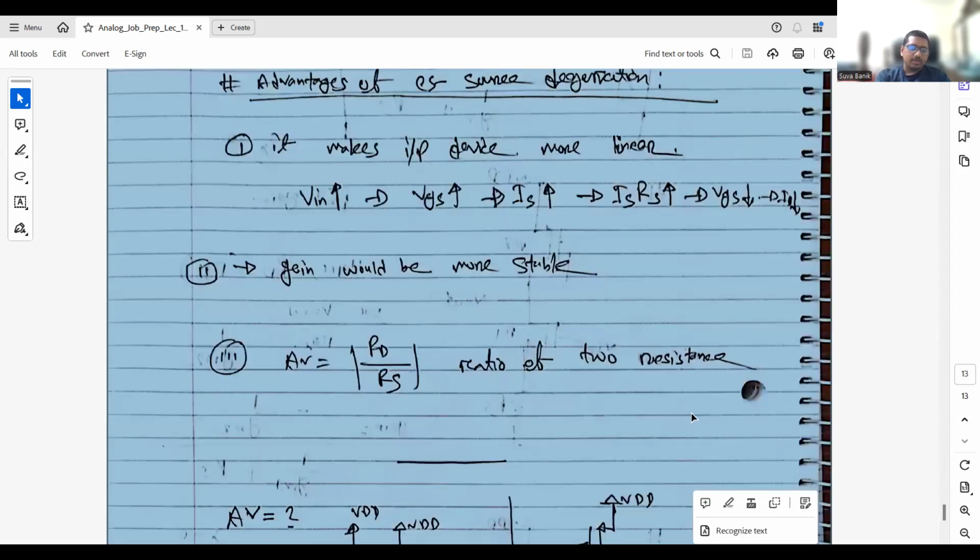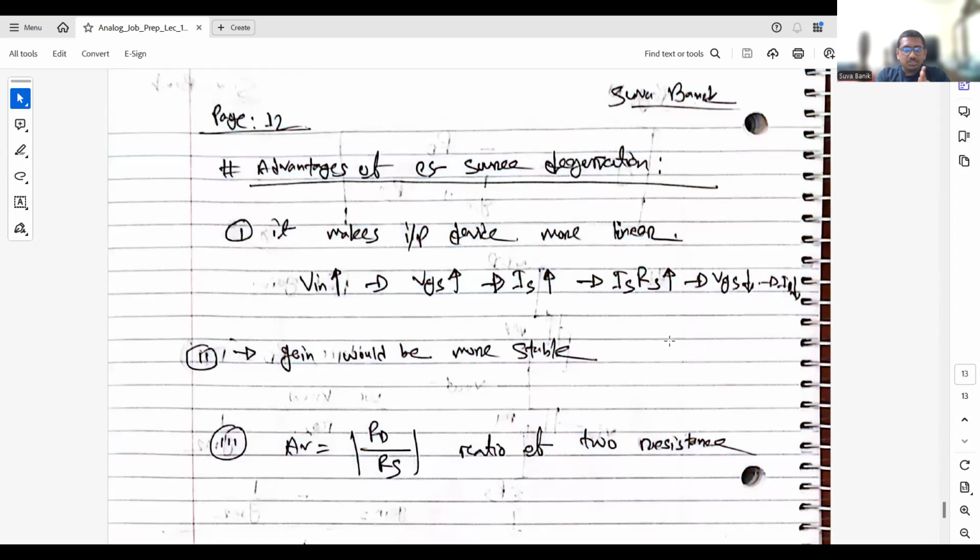So finally, what is the advantage of this source degeneration? It is your homework. You can search online and read a book to find the advantage of source degeneration. But here I'm simply telling you that if you do source degeneration, then your circuit is more linear.